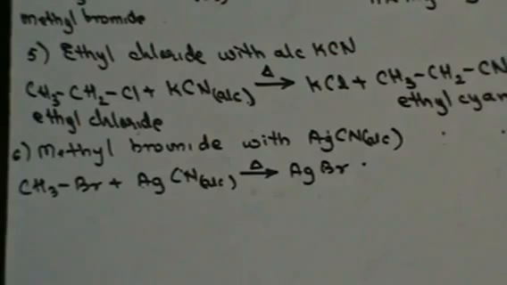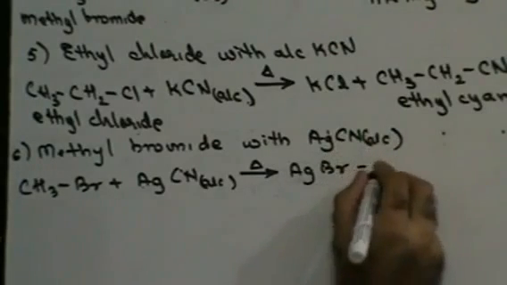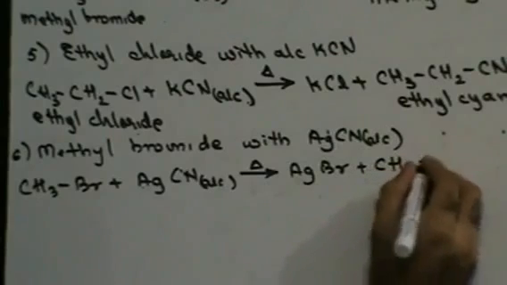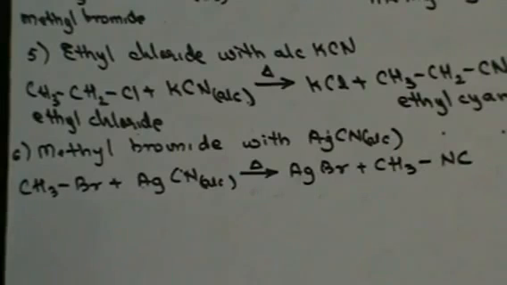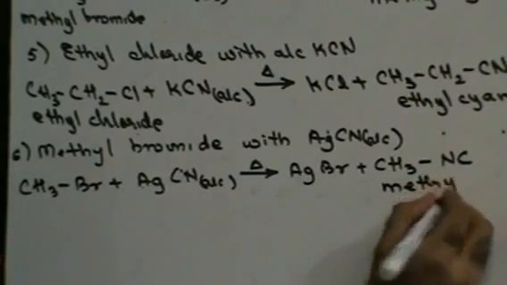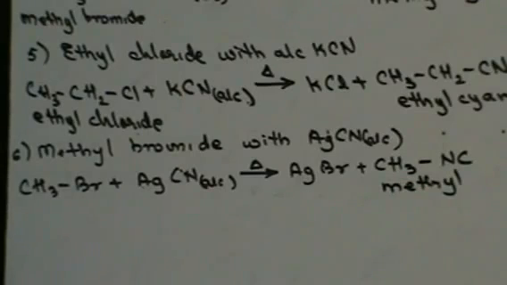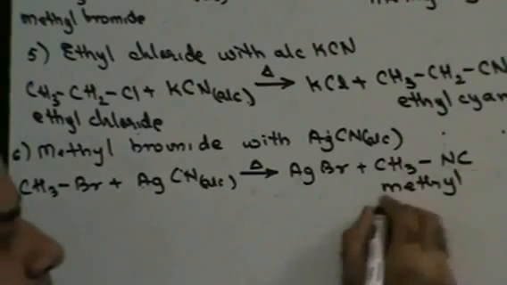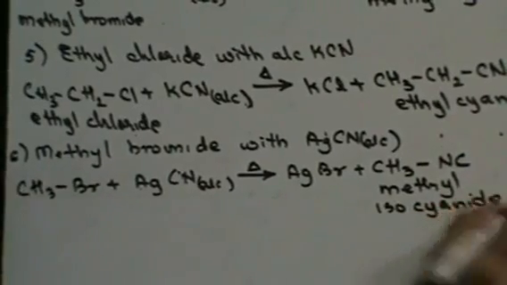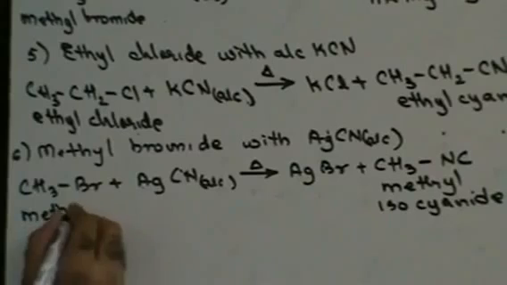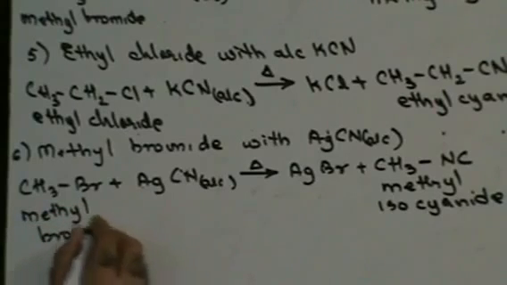Fine? In which case you would have CH3NC. This is methyl, 1 carbon atom, therefore methyl. Here instead of cyanide you get isocyanide. So you will get methyl isocyanide. This is methyl bromide. So methyl bromide reacts with silver cyanide to give you the corresponding alkyl isocyanide.